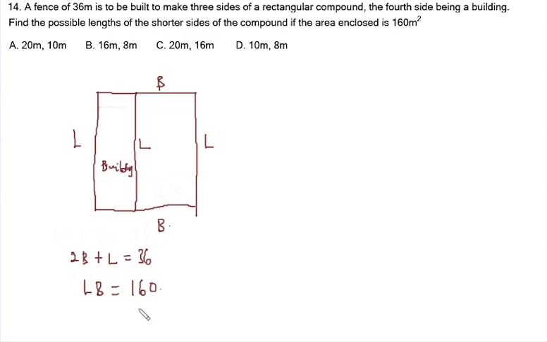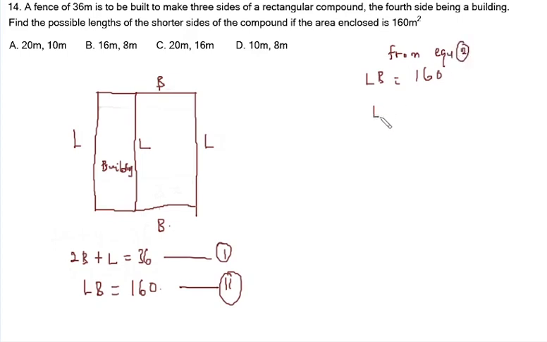Let's say this is equation 1 and this is equation 2. So we have LB is equal to 160 from equation 2, so that L becomes 160 over B. Let's call this equation 3.